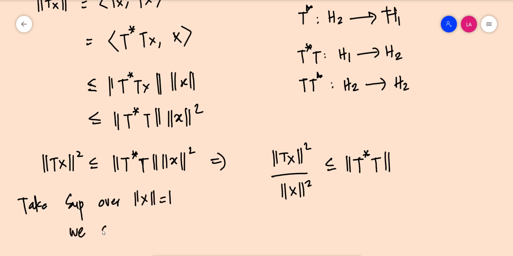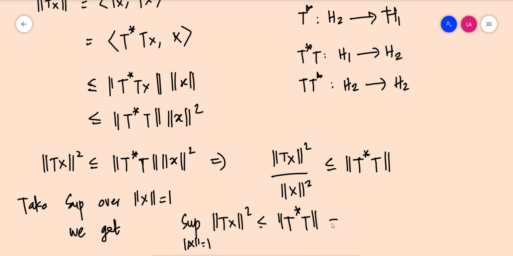We get supremum of norm tx the whole square with norm x equal to 1 should be less than or equal to norm t star t. This is the definition of norm t. So norm t the whole square is less than or equal to norm t star t.